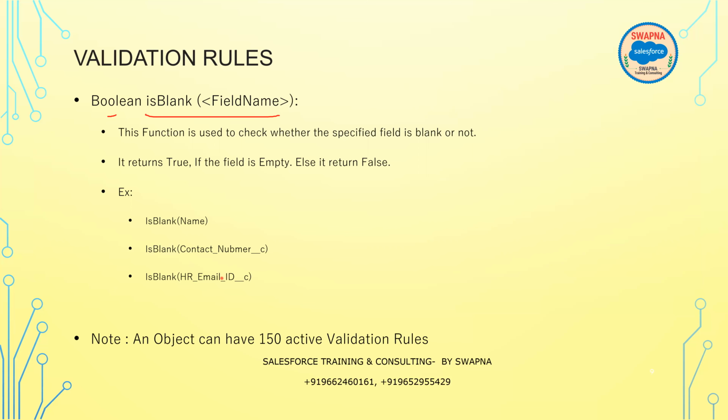Like this, per object, we can create 150 active validation rules. Inactive ones we don't care about. Even if you have 200, 300, 1,000 validation rules, no problem, because those are inactive. Inactive ones we need not worry about, but active ones have to be within 150.